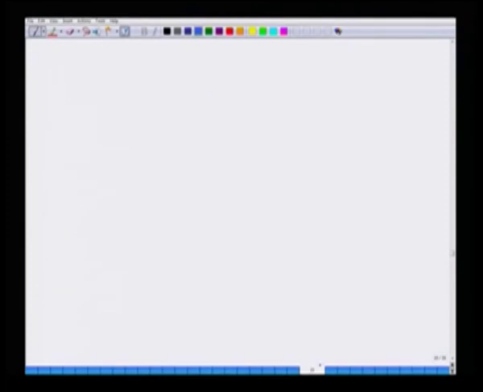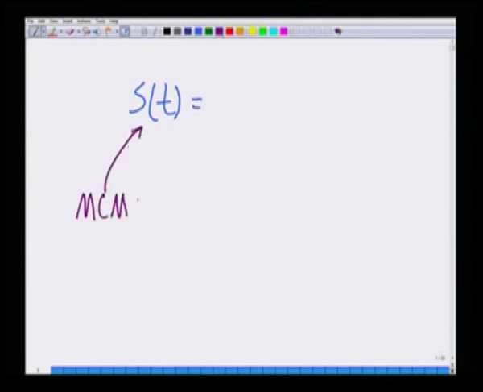So, today let me illustrate that idea further. We considered a signal s(t). This is the MCM composite transmit signal.